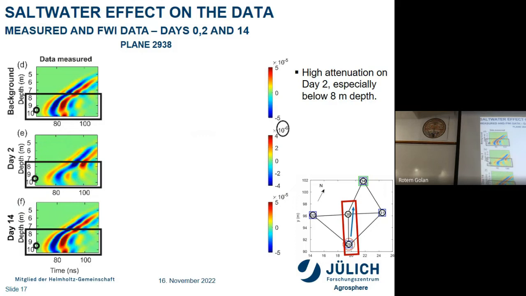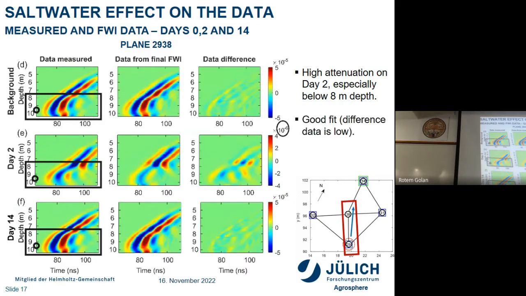What we see on day 2, when the salt water was in that plane, is a decrease in the signal of the data due to the attenuation by the salt. While on the last day of measurements, day 14, we can see almost a full recovery, where the signal was recovered to the background values.